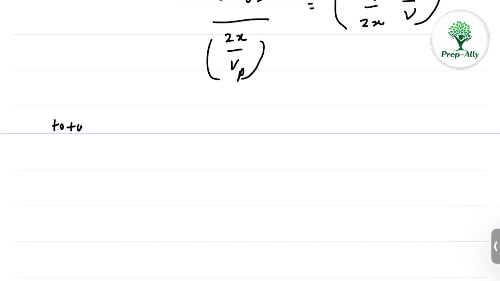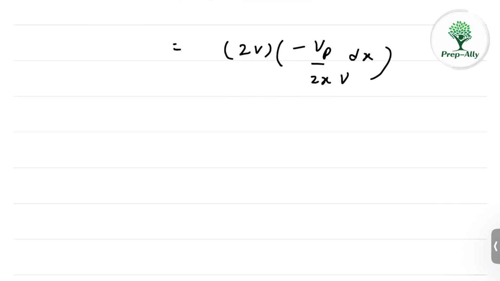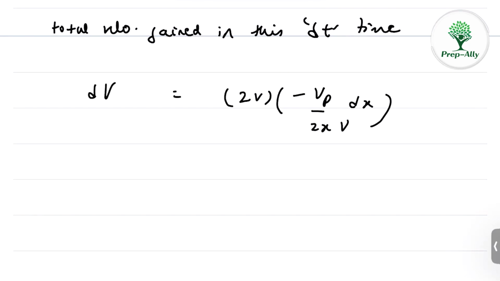Just a little bit, I'll just do this. So the total velocity gained in this dt time is equal to 2v, 2 minus vp by 2xv dx. So the total velocity gained is dvp. So we get dvp by vp, dx.